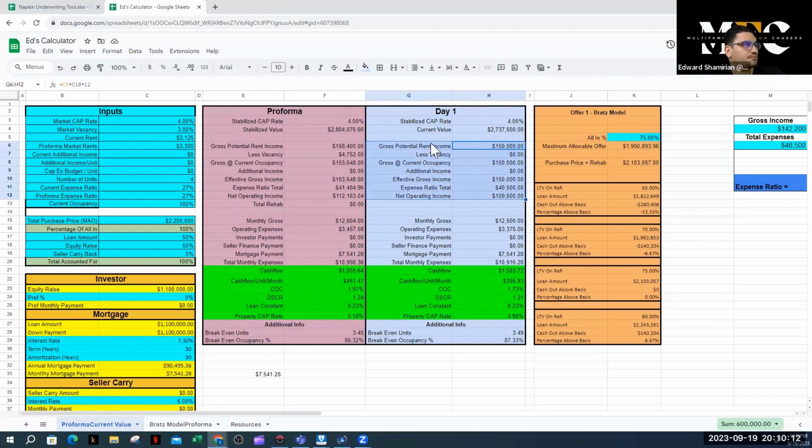Here's my rental income, occupancy, gross income. Obviously, if I change the occupancy, that number changes. Do I have additional income? Then it's all added up. What's my expense ratio? Here's my NOI. And then what are my expenses? What are my monthly payments? Because this is the most important number.